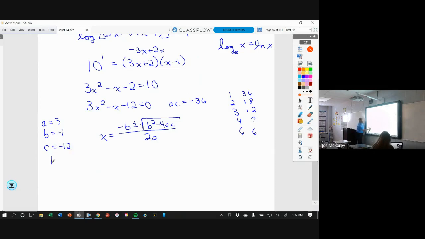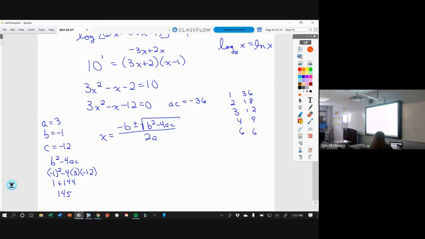Discriminant, b squared minus 4AC. B squared is negative 1 squared minus 4 times 3 times negative 12. Let's do negatives to be positives. 1 plus 144 is 145. Are there any perfect squares that go into 145? I'll save you.